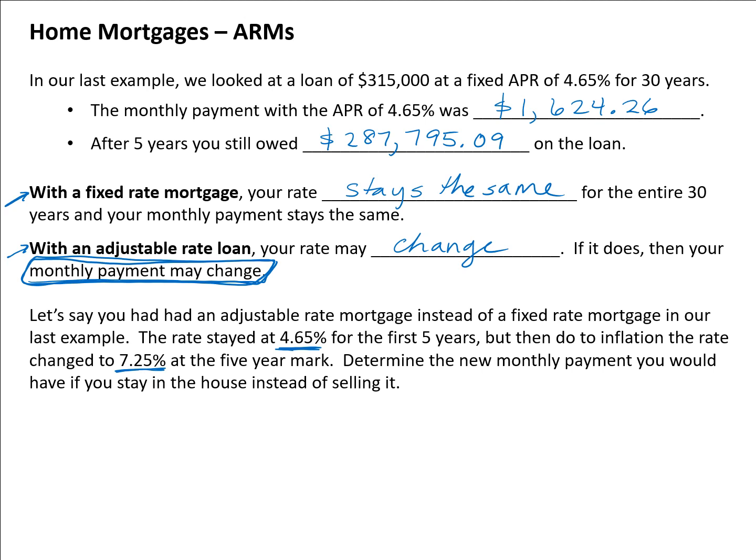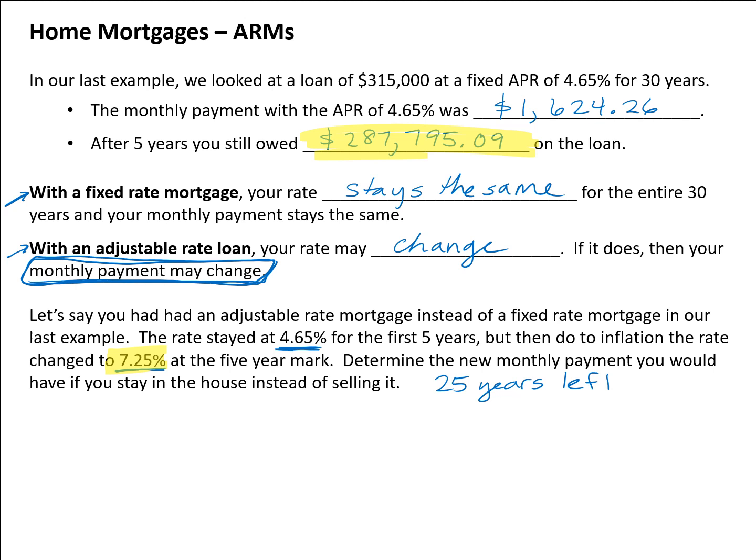So we have to think about how much we still owe on the house. Well, we had worked that out. We know that we still owe $287,795.09, and we have this new interest rate, and because we're 5 years into a loan, we have 25 years left.